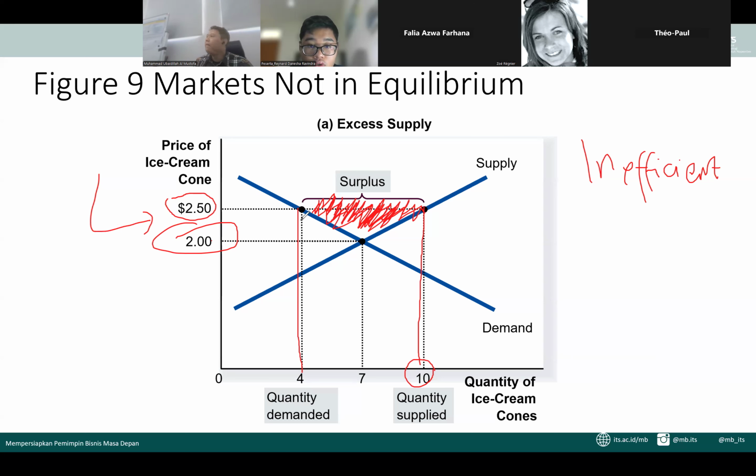In equilibrium, we have an efficient price, because quantity demanded and quantity supplied meet at the same quantity at the same price. But when the market sells higher than the equilibrium price, we have a surplus.